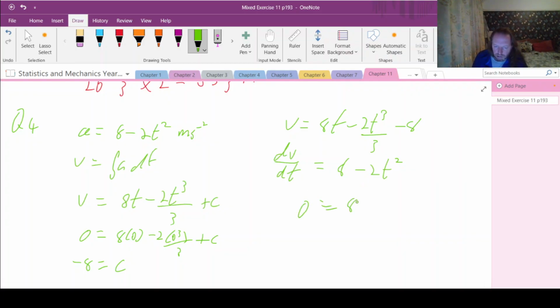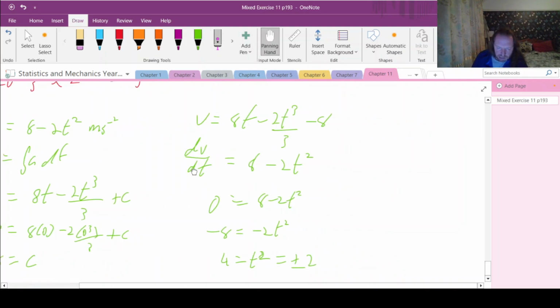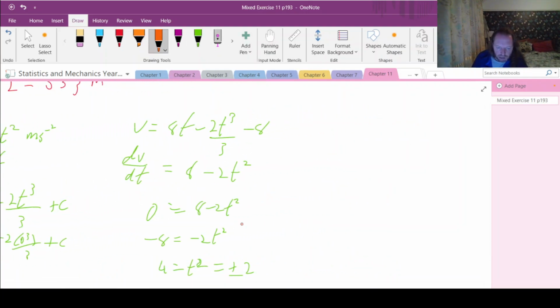That gives us minus 8 equals minus 2t squared, giving me 4 is equal to t squared, and that gives me a t of plus or minus 2. Let's take the plus 2, and we can substitute that in here.